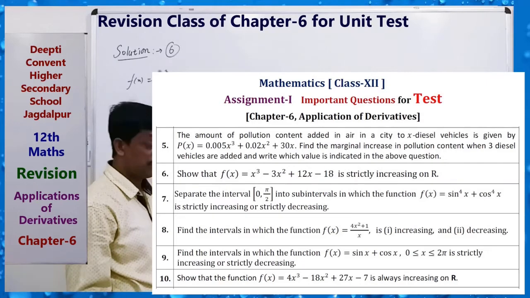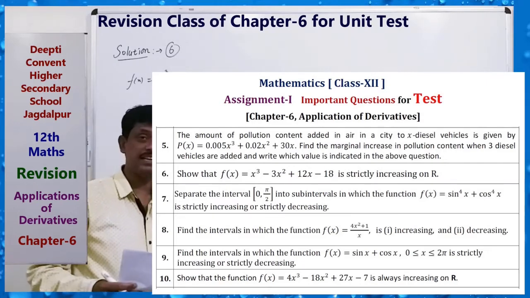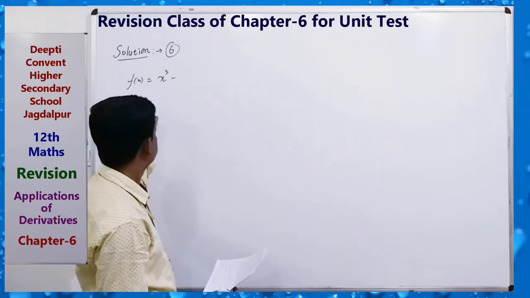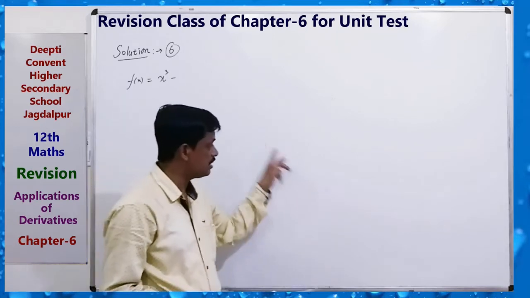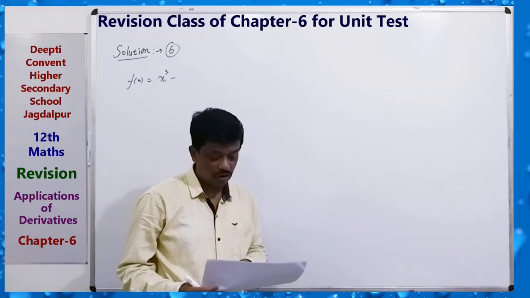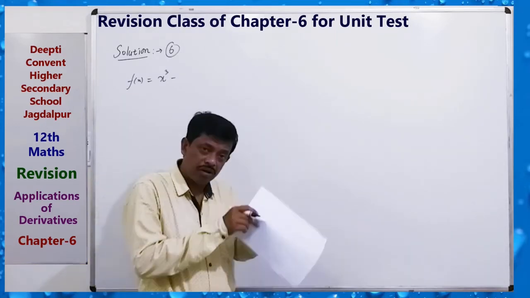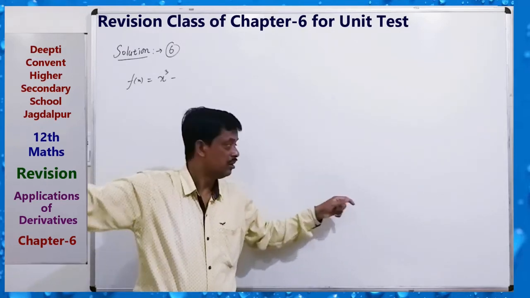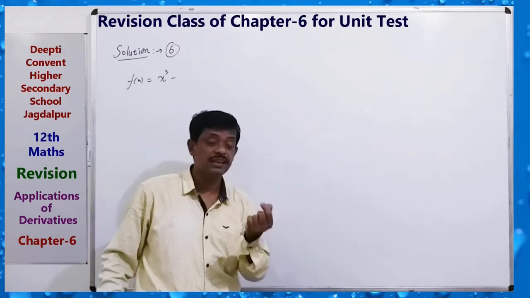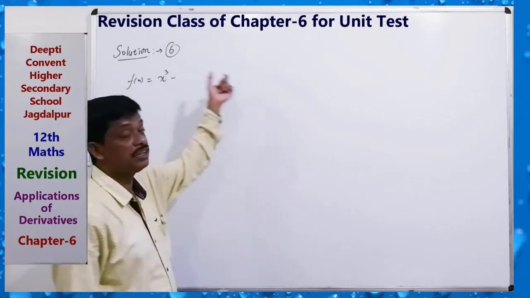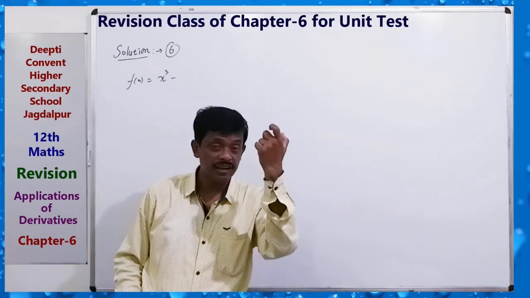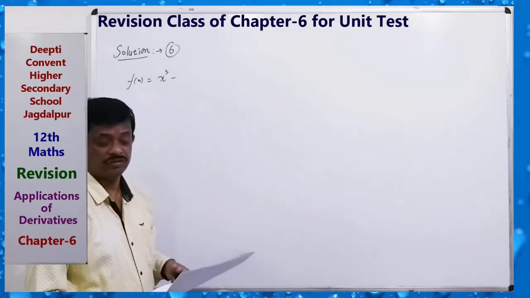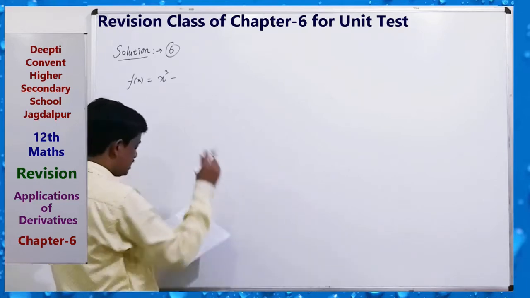Remember, strictly increasing means greater than 0. On R means on the whole real number. On the whole real number means for any real number, the derivative of the given function should be greater than 0. Strictly increasing.